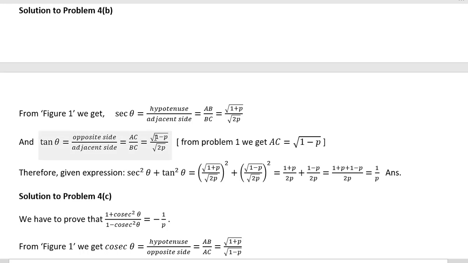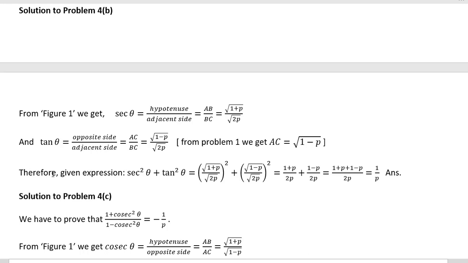And where do we get root over 1 minus p as the value of AC? It is not in the stem, therefore we have to mention that from problem 1 we get that AC equal to root over 1 minus p.